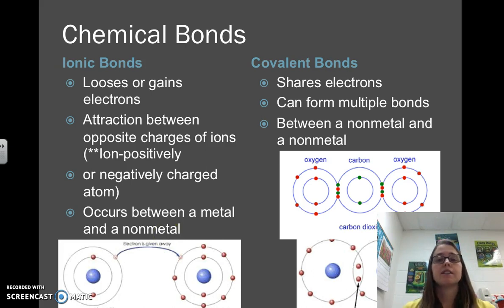So chemical bonds. There are two main types of chemical bonds. There's ionic bonds. An ionic bond is when one atom is like, I want to give you my electron and actually lose it forever. And the other atom is like, I will take that electron, thank you very much, and he keeps it forever. Now, when you give one of your negative charges to somebody else, you become positively charged.